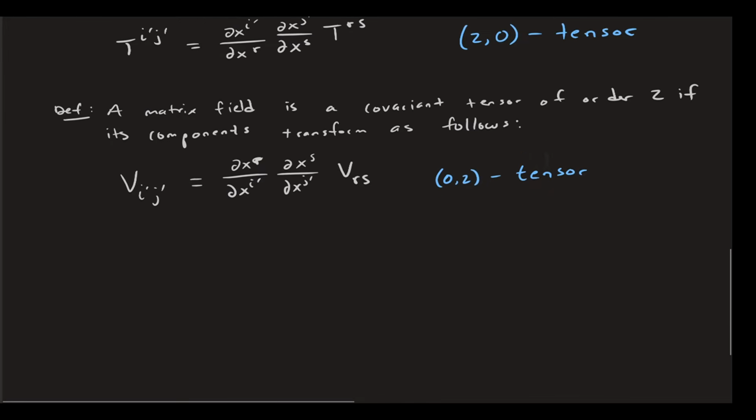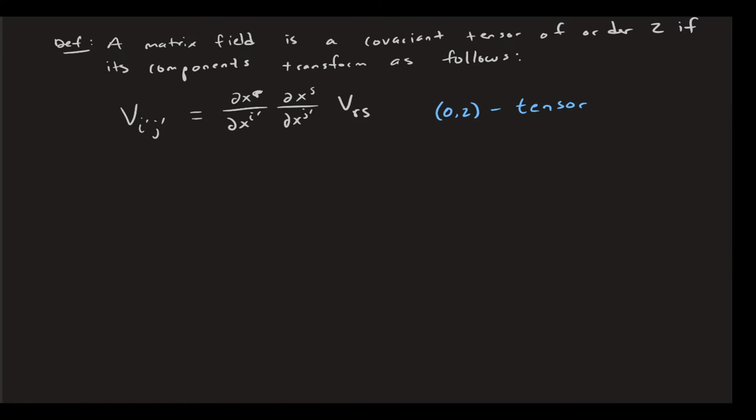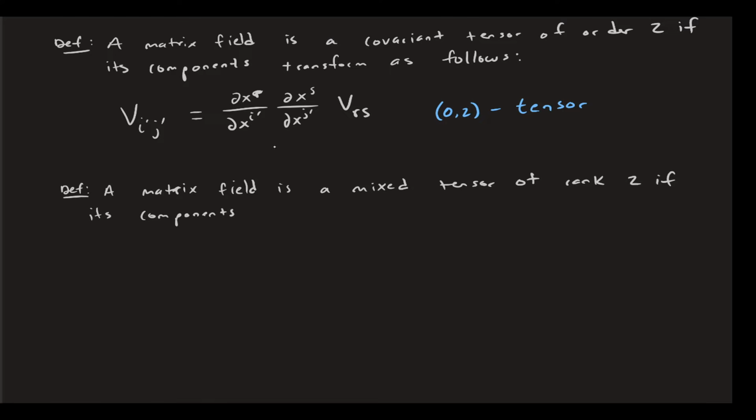Let's look at the last one, definition. A matrix field is a mixed tensor of rank 2 if its components transform as follows.